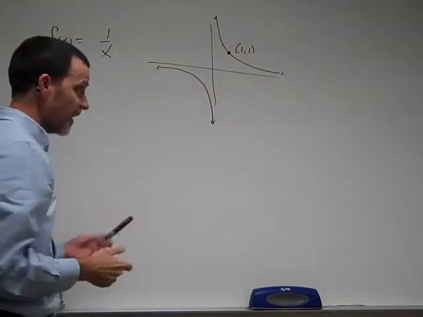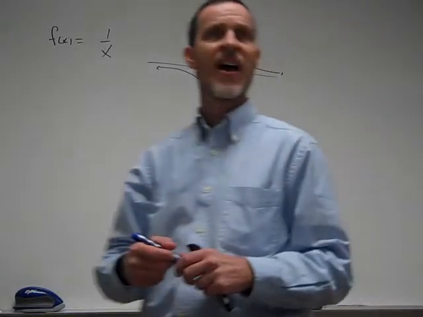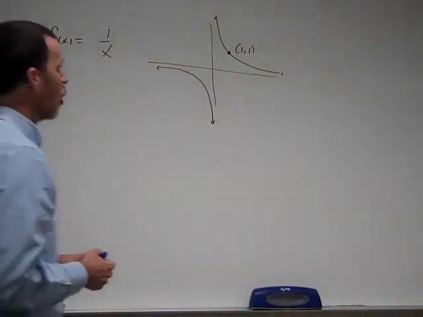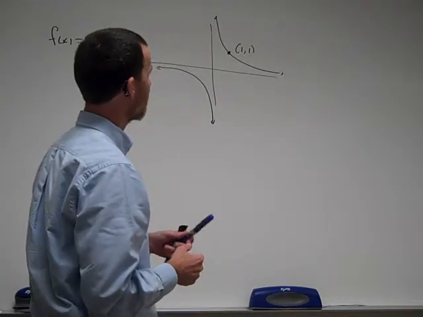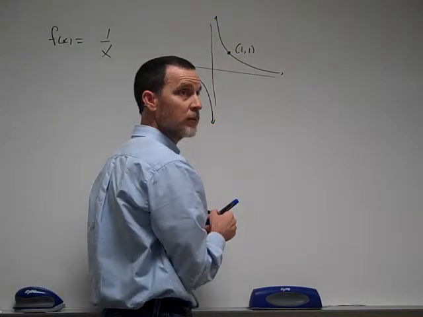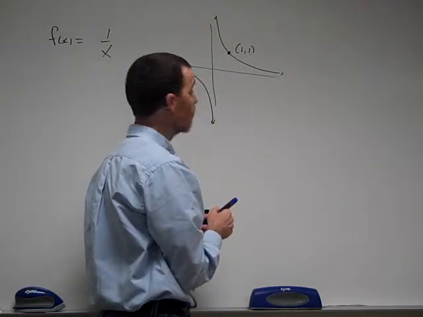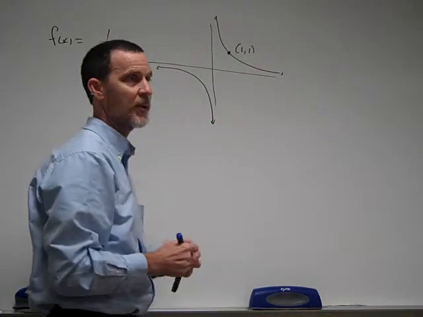Now, if I asked you, write me an infinite series for this function right there, it might be a hard problem. If I asked you, forget infinite series, can you come up with just a line that approximates this function right here? What line would that be that's as close to the function as possible at that point?